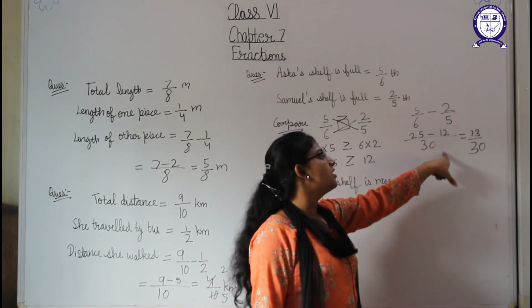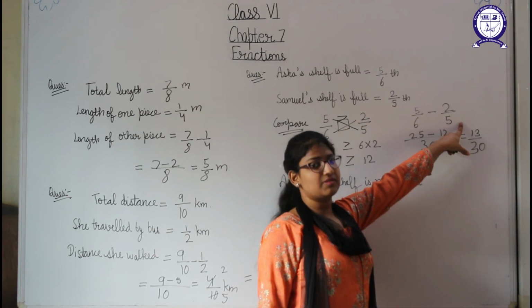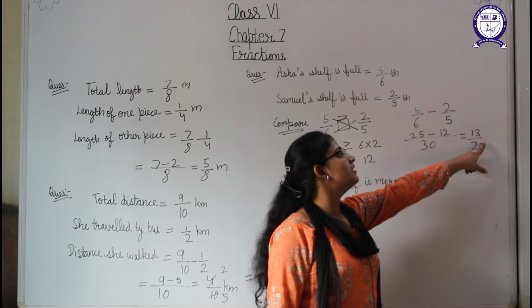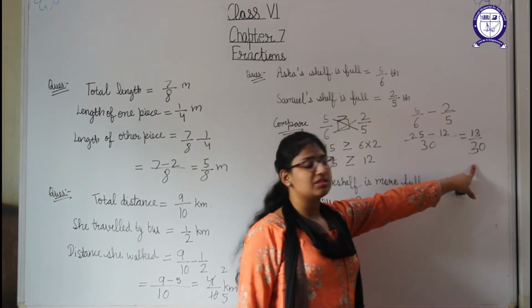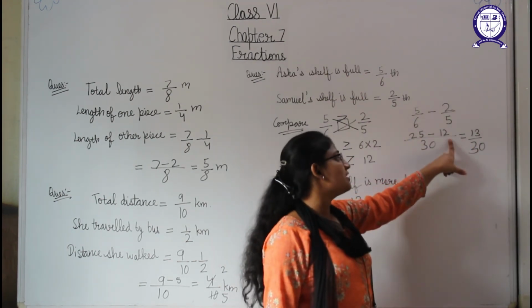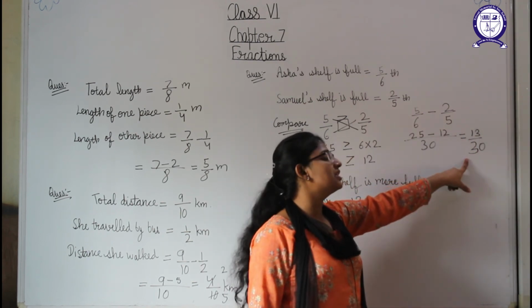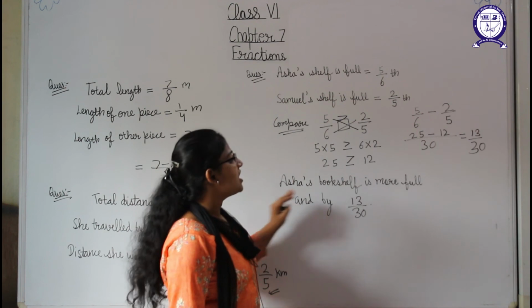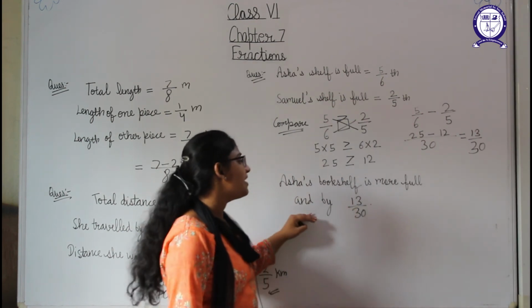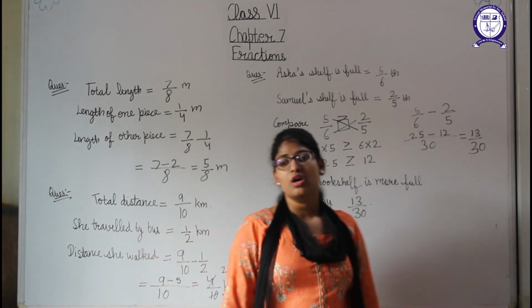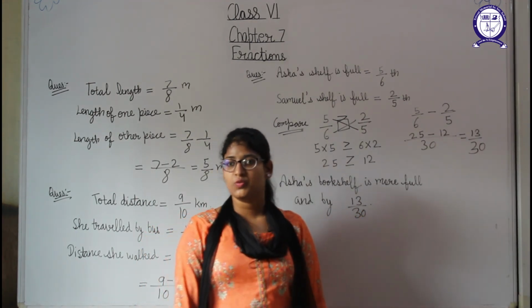Minus sign is here. Now 30 divided by 5 gives us 6 and 6 2s is 12. So 25 minus 12 is 13 and 30 is our denominator. So 13 by 30 is our answer. So Asha's bookshelf is more full, and by what fraction? By 13 by 30. Okay students, so by this your chapter 7 is finished here.